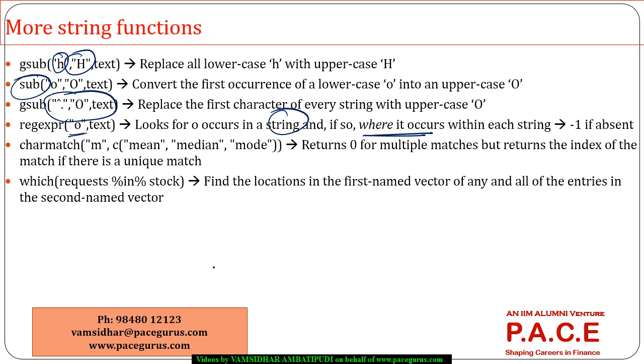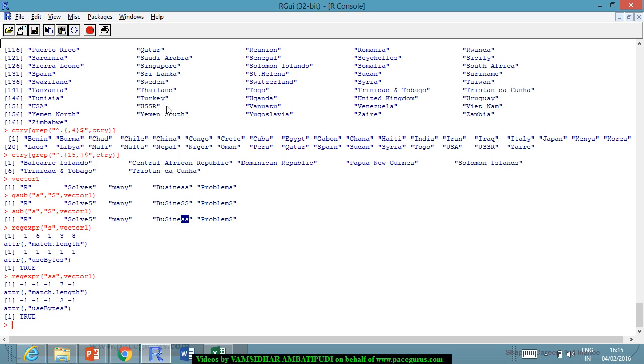Then there is one more interesting thing called charmatch, a character getting matched. If that character is present at multiple locations, then it might give a 0. But let's say I want to do a charmatch of M within this vector 1.